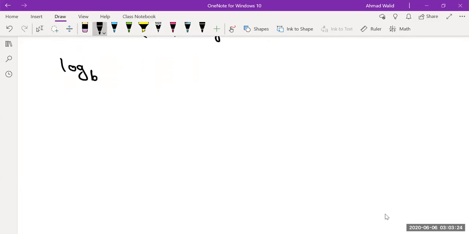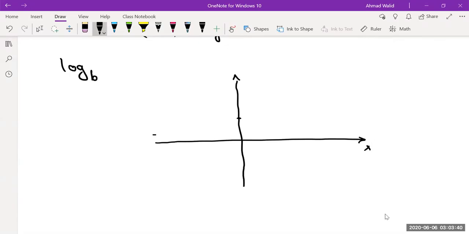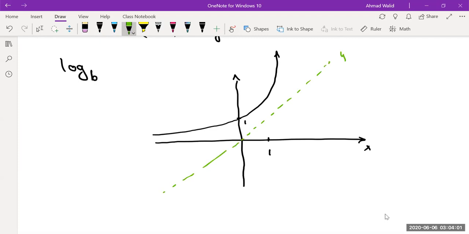Now, if I want to show you in a graph, because logarithmic functions are inverses of exponential functions, for example, if I draw this exponential function passing through 1, and this line y equals x, and I reflect the graph of y equals b to the power of x, which is this black graph, this graph comes here.